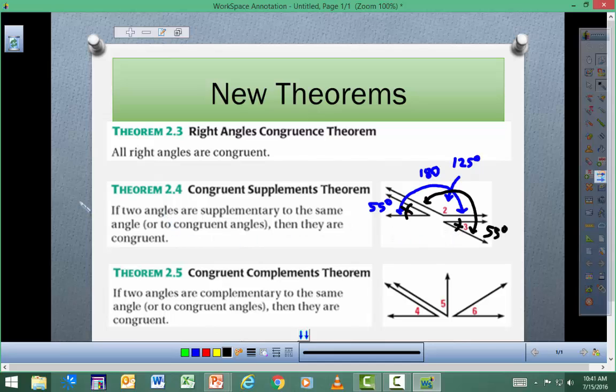And that's what this theorem is saying. If two angles are supplementary to the same angle, that's the angle in the middle, then they are congruent. Theorems are a lot easier to understand if you put some numbers in there. Now it seems very obvious, well, duh, these are equal, right? The same idea is true with this theorem down here.